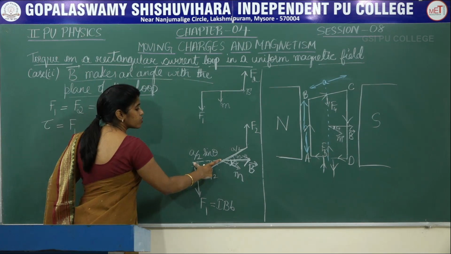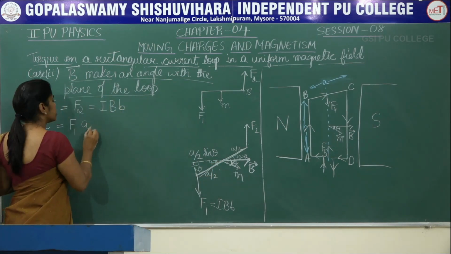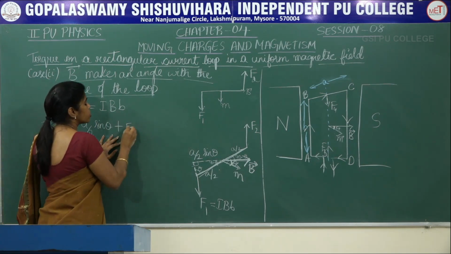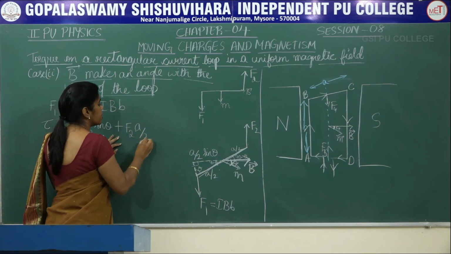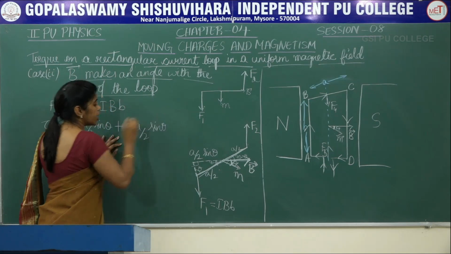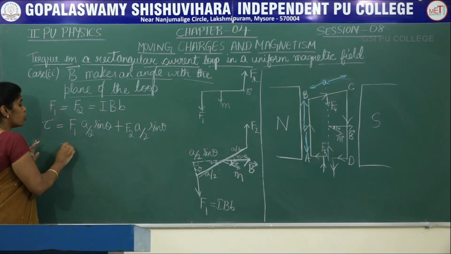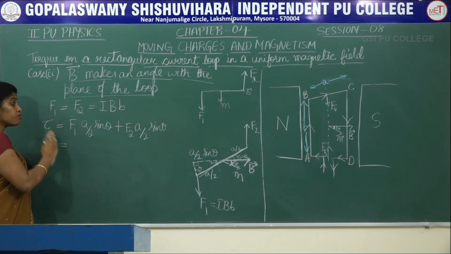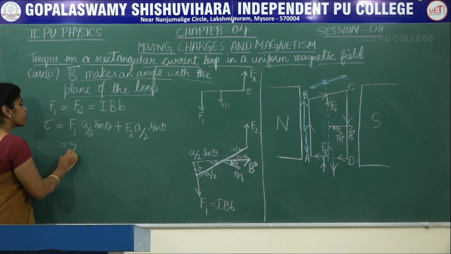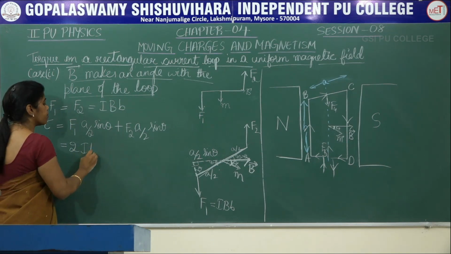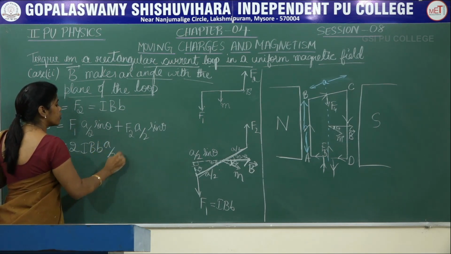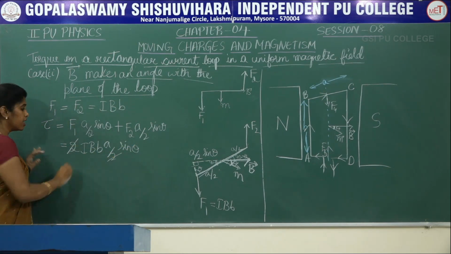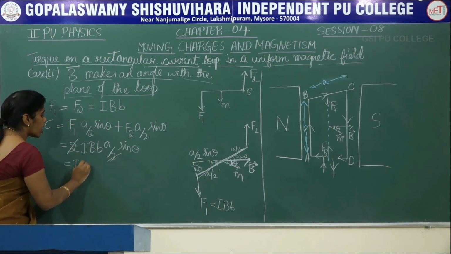So the perpendicular distance we have found, it is a by 2 sin theta, plus force F2 into the perpendicular distance, a by 2 sin theta. Next we know F1 and F2 are equal to IBb, so they both are equal in magnitude. And therefore, I am going to add it as 2 IBb into a by 2 sin theta. Here 2 and 2 get cancelled. Therefore, this is equal to IB.